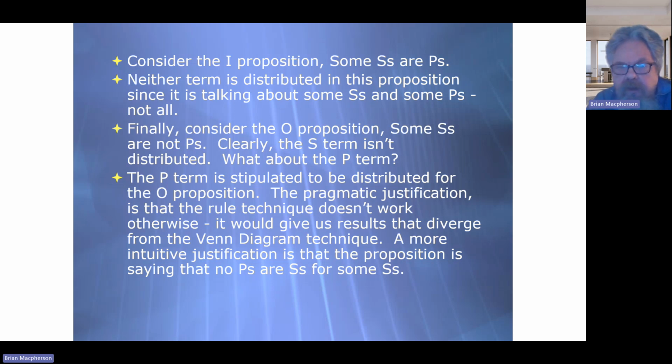The pragmatic justification is that the rule technique wouldn't work otherwise. So it's a purely pragmatic justification. A more intuitive justification is that the proposition is saying that no P's are S's for some S's, but frankly, don't worry about that. Just take it as an article of faith that in an O proposition, the S term is undistributed and the P term is distributed.